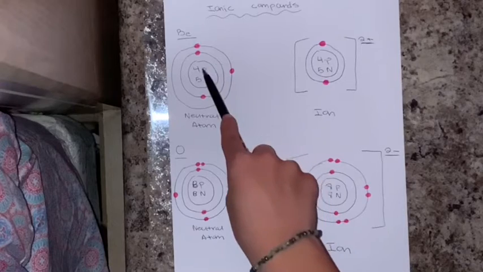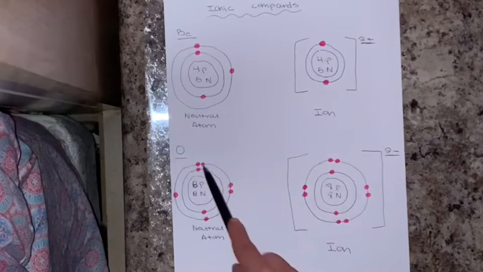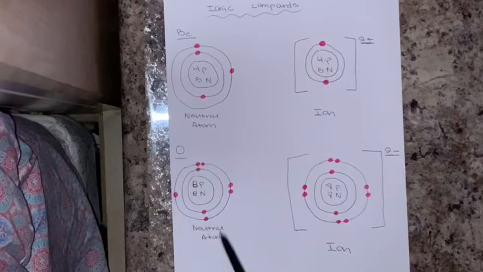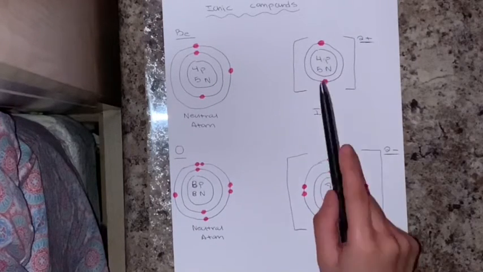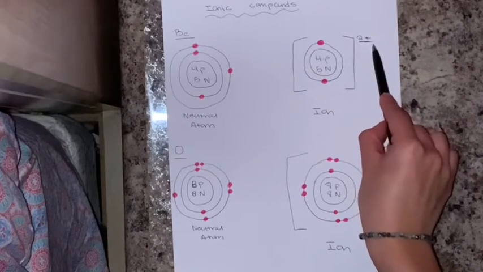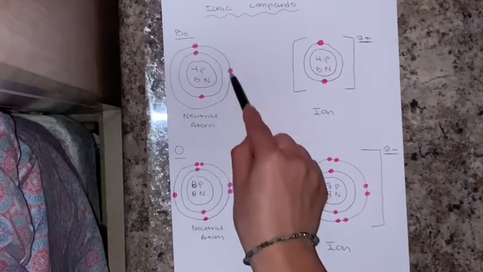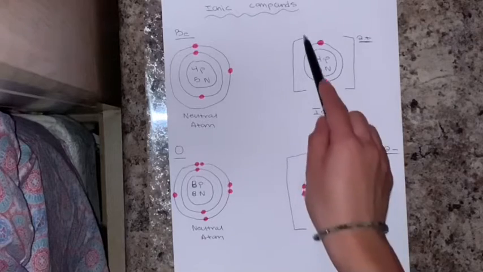So here we have beryllium's neutral atom, and here we have oxygen's neutral atom, and they are both Bohr's orbital diagrams. And so here we have beryllium's ion, and here we see that it has a positive 2 charge because it lost those 2 valence electrons in the outermost orbital in order to complete the octet rule.